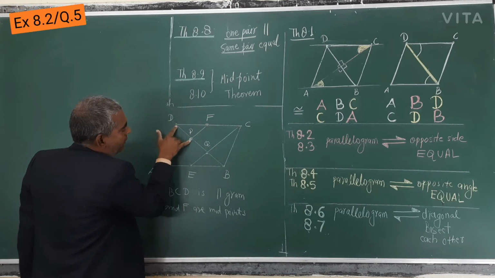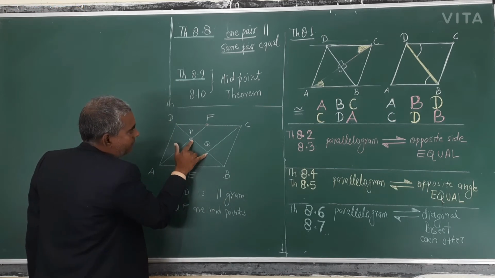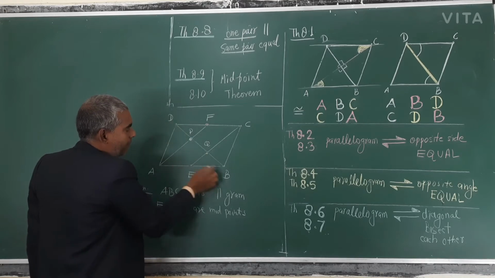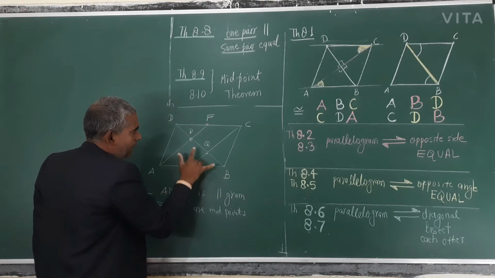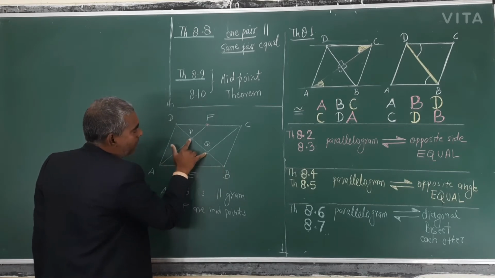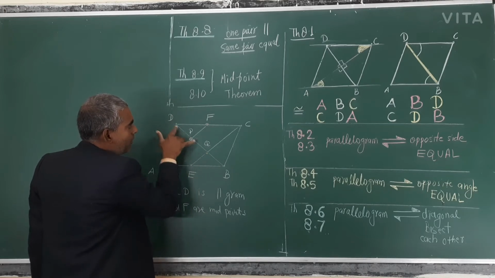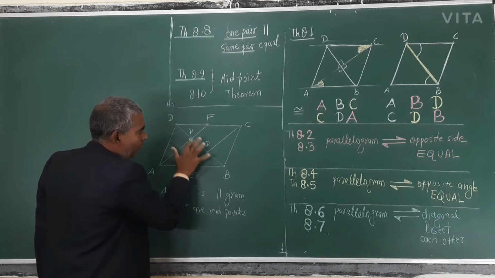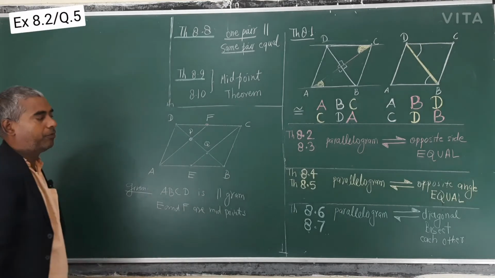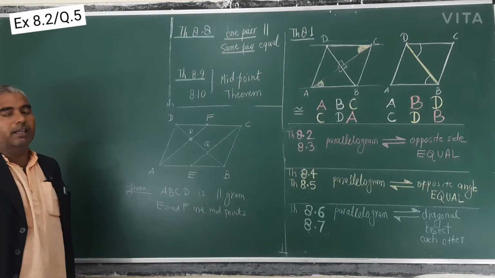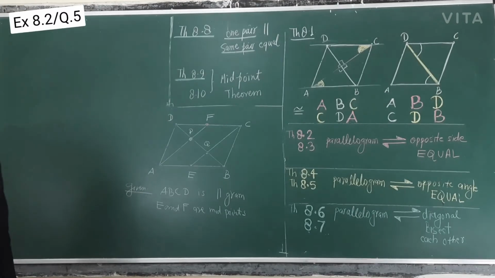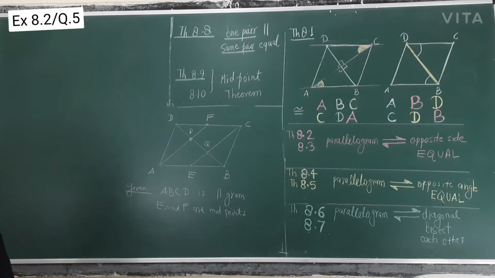So we will prove this equal to this, and the same we will apply from here, and we will prove BQ equal to PQ. So PQ is common, so that's why all the three parts will be equal. So that's the proof. So slowly I will write and I will tell. So keep patience and write in your copy.